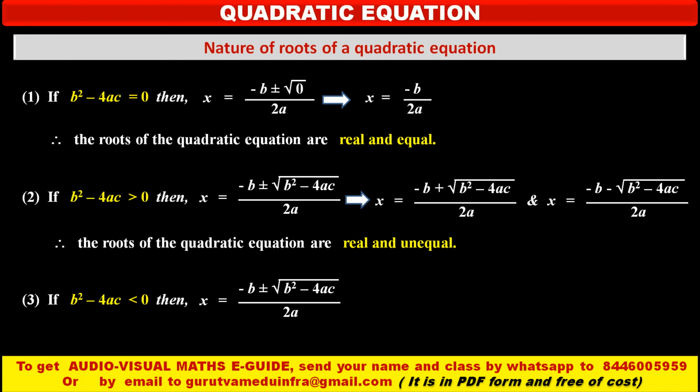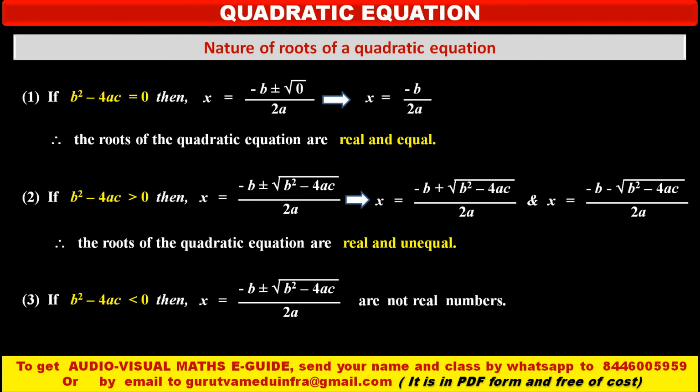If under the square root there is a negative number, then it is not rational and not irrational either, so it is not a real number, and that's why we will get values of x as non-real numbers.